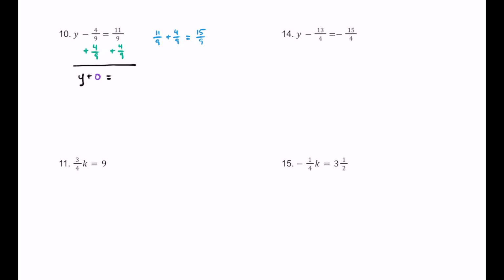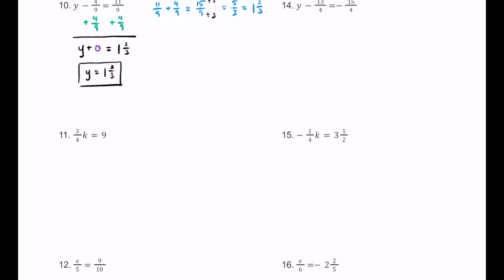It looks like they have not common denominators, but they have a common factor, right? GCF, you can divide them both by 3, and that's going to be 5/3. And as a mixed number, that's going to be 1 and 2/3. Okay, so I'm going to write 1 and 2/3. And so using the identity property of addition, we can drop that 0 and say y is equal to 1 and 2/3. Just like that.